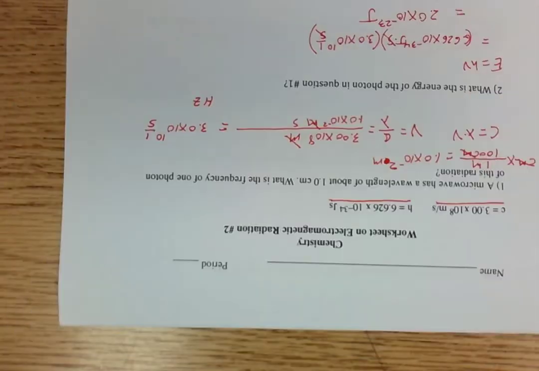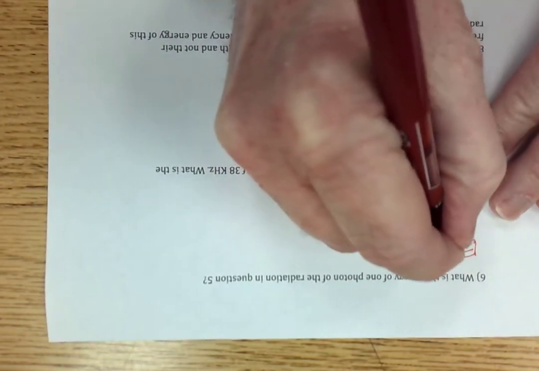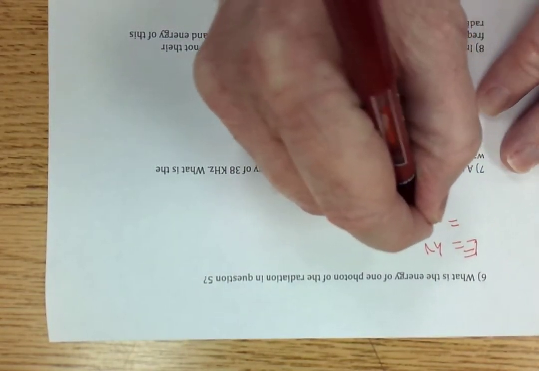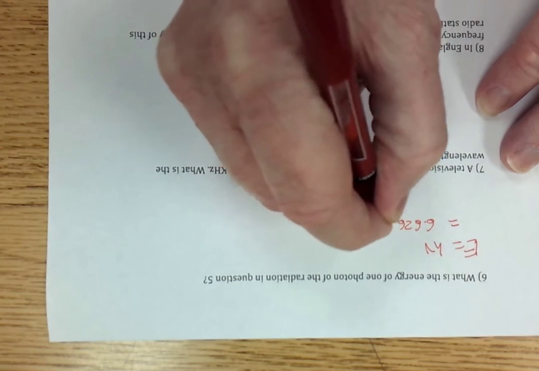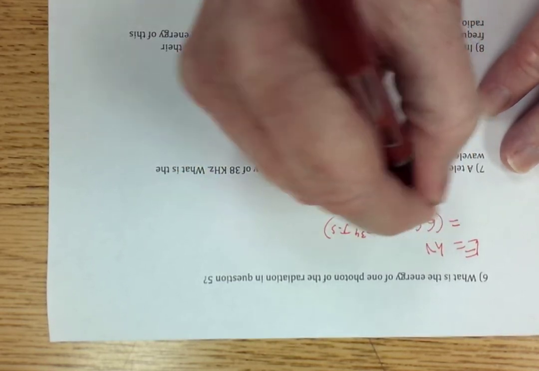Okay, so now we'll go over to the back page. What is the energy of one photon of the radiation in question number 5? So E equals h nu, which equals 6.626 times 10 to the negative 34th joule times seconds.